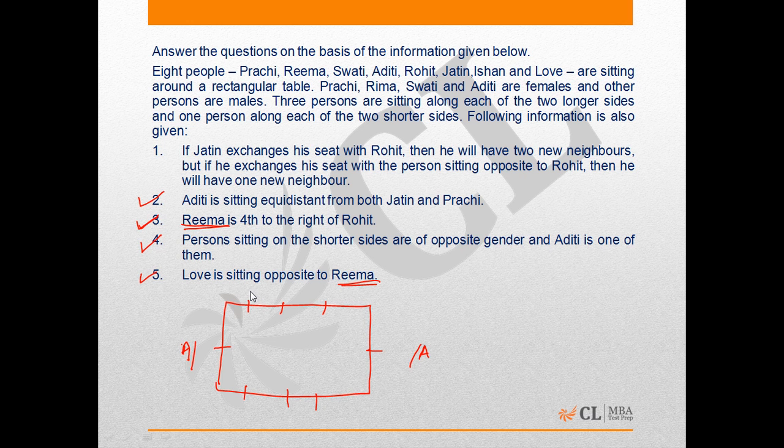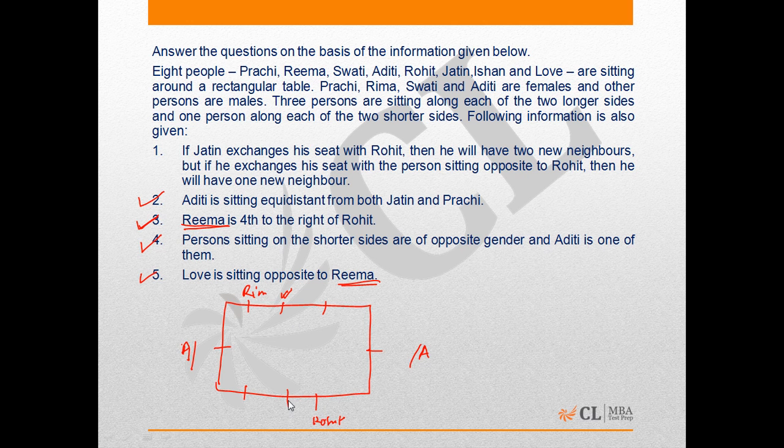Consider the first case in which Rima is there, then the person 4 places right to her will be at this position, and the person is Rohit, so Rohit will be at this position. Or the second case could be Rima is at this position.